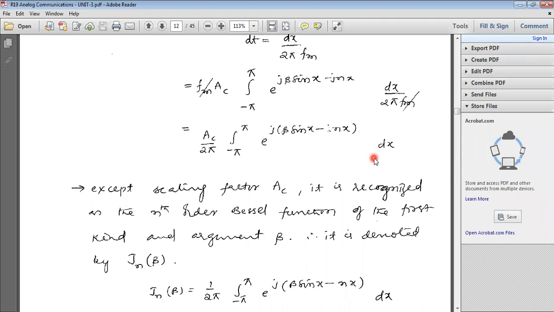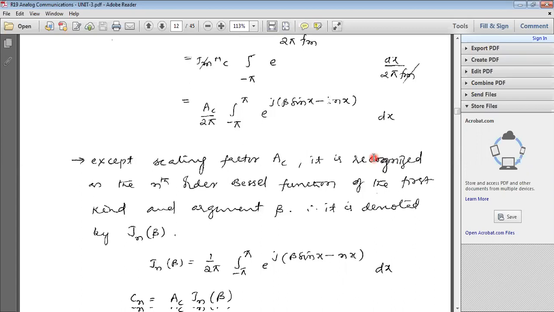So what is the Bessel function? The Bessel function is denoted with Jn. Here the argument is beta, therefore Jn of beta equals 1 by 2 pi integral from minus pi to pi of e power j into beta sin x minus nx into dx.